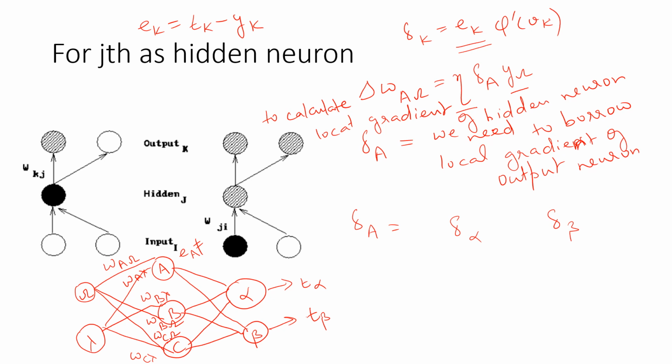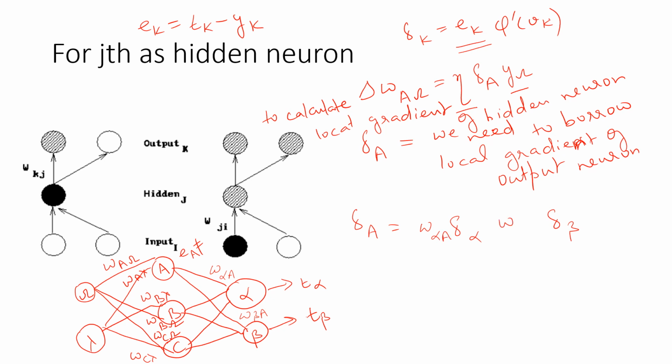No, because we have weights in between these two. We have the weights involved in between these two, so we have W of alpha A and W of beta A. I need to multiply the local gradients of the output layer with the weights between them.